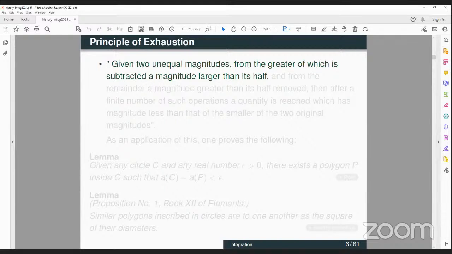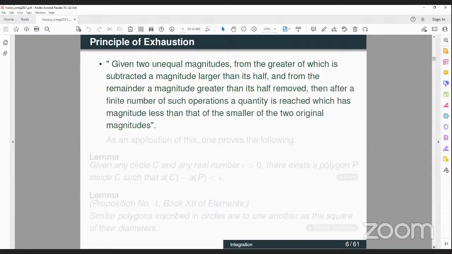And from what is left, remove again more than half of it. So this step is carried out for a finite number of steps. Then it says that you can reach a magnitude which is smaller than the original smaller magnitude.